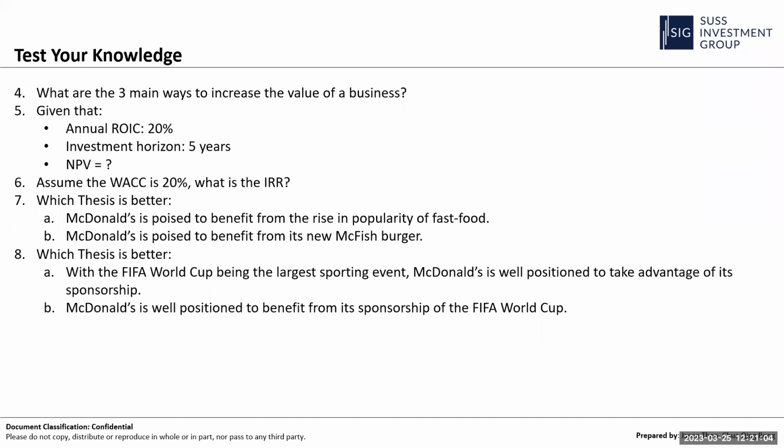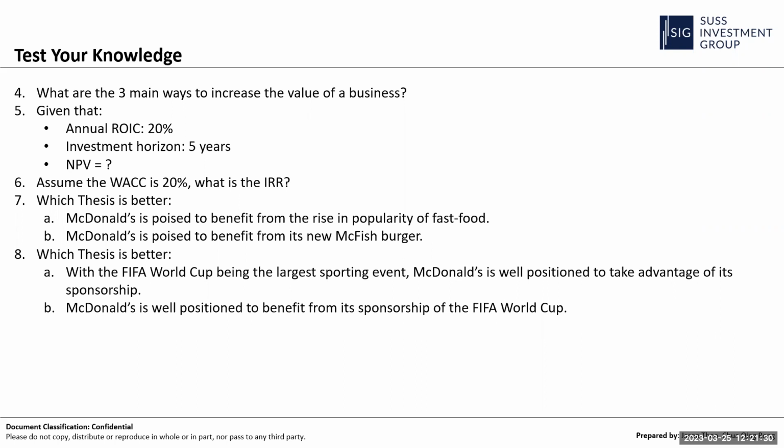it somewhat links back to question 7, where we try to be more specific. But in this case, there's no need to be so specific to say that FIFA's World Cup is the largest sporting event, because this is a commonly known fact. Most people would know that the World Cup is so popular, and it's only once every 4 years. So there's no need to go into so much detail. What you're trying to say is that because they sponsor this event, they are going to have a lot of advertisement and all that.